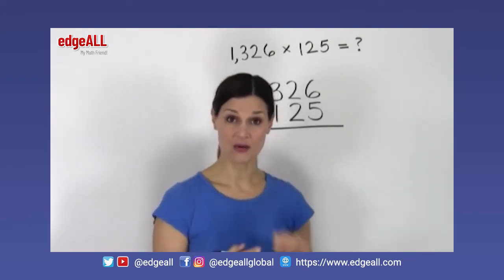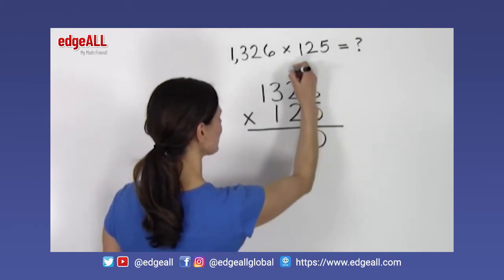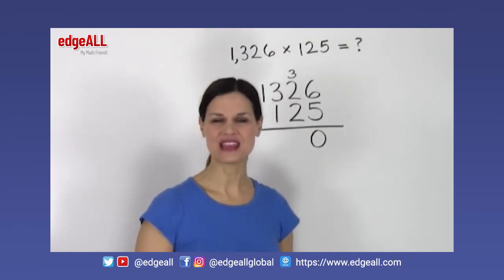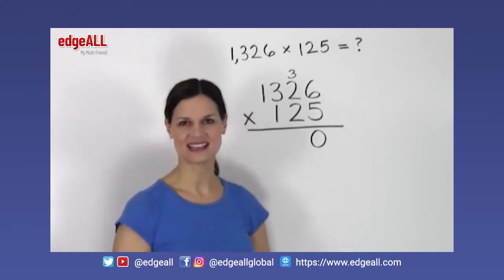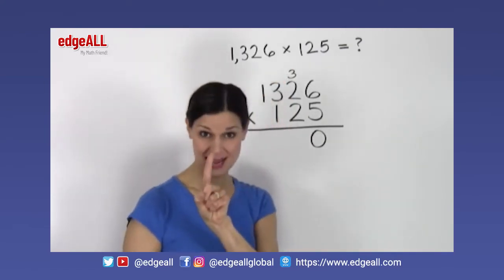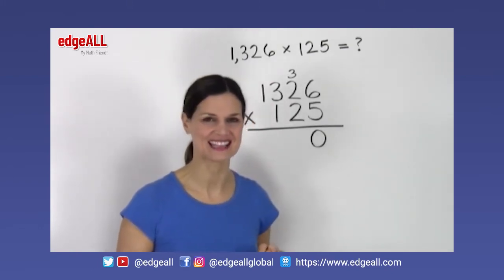Now the 0 that's in the ones place is going to go here. And the 3 that's in the tens place of my answer, I'm going to regroup or carry over to the next column, the next position here. So I've placed my 3 here and I don't want to forget about it.